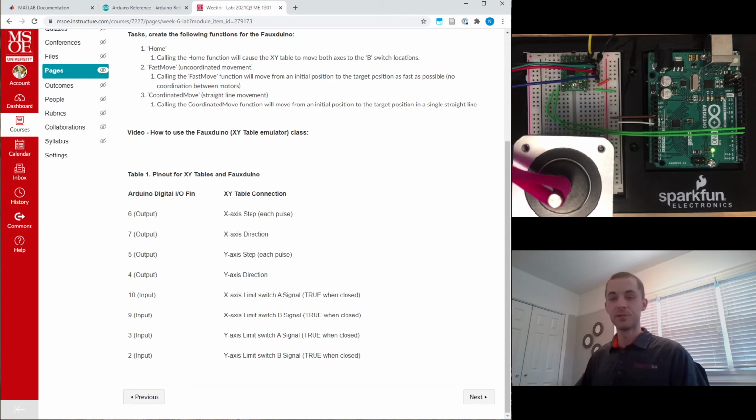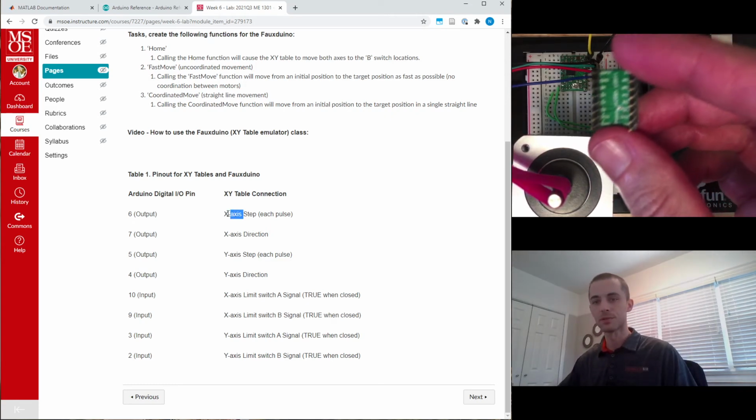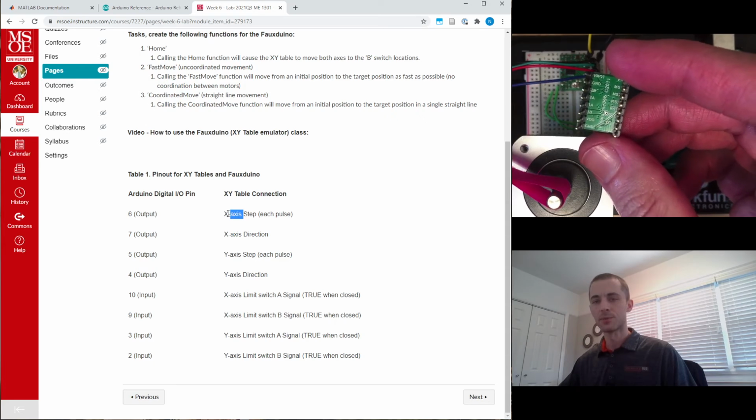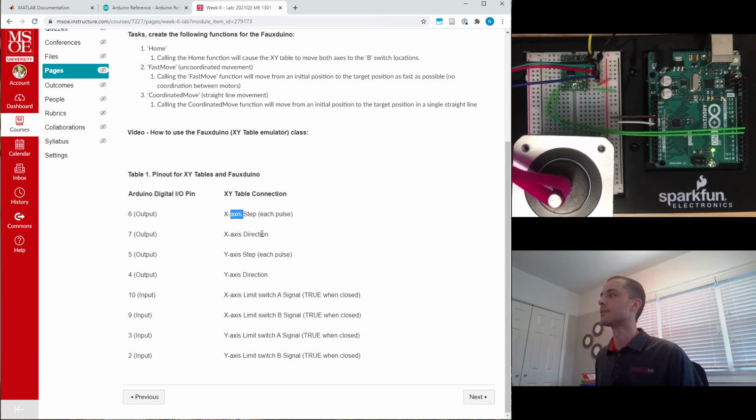In this circuit I've just taken the step pin and the direction pin. So 6 goes to the step pin, and pin 7 goes to the direction pin. I need to control those to make the motor move.